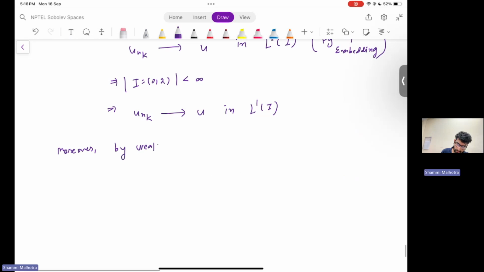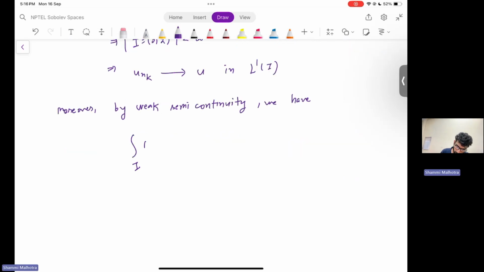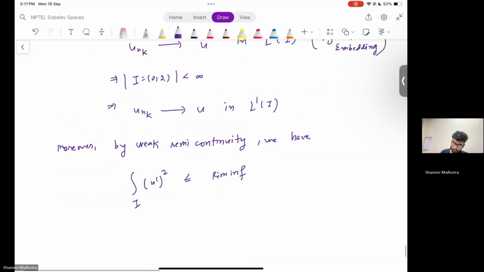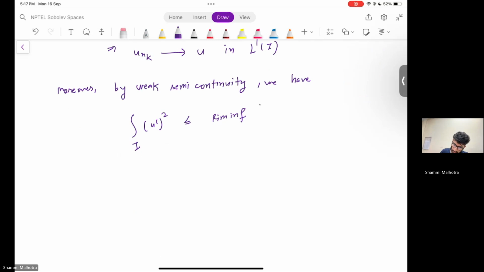Right, and moreover, by weak semi-continuity, we have the integration over I of u dash square to be less than the limit of the integration over I of u_n dash square.